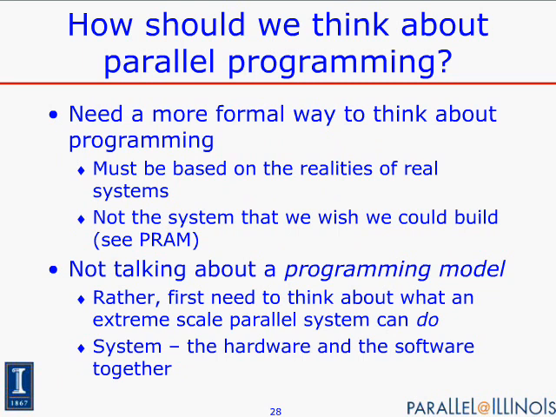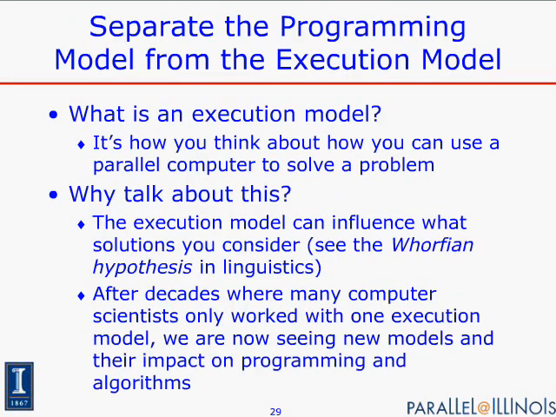So first we need to think about what the system can do. And the system is the hardware and the software together. And I am going to be a little vague about some of these things, but I think that's an important part of starting to rethink how you approach parallel programming.